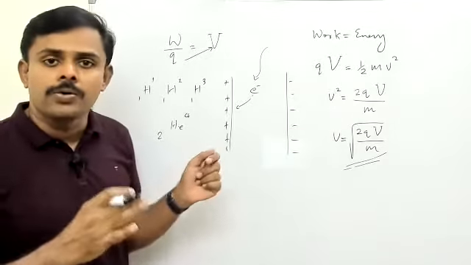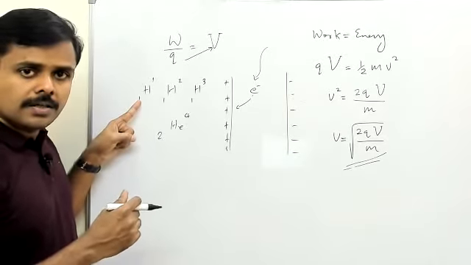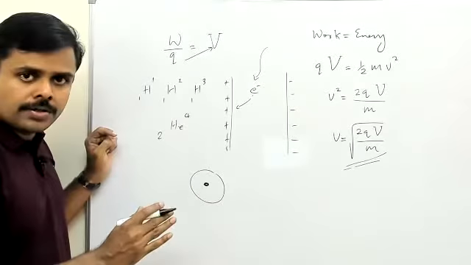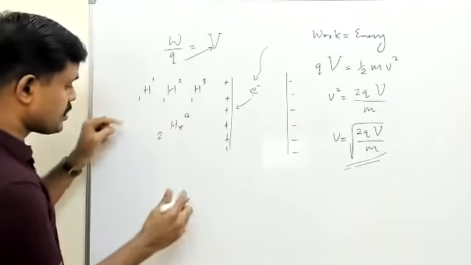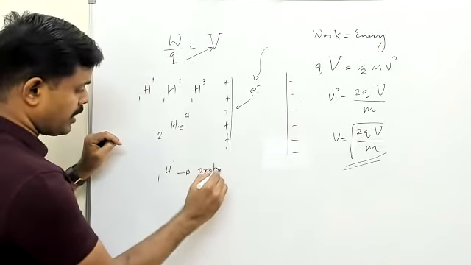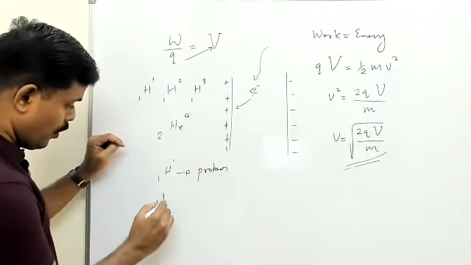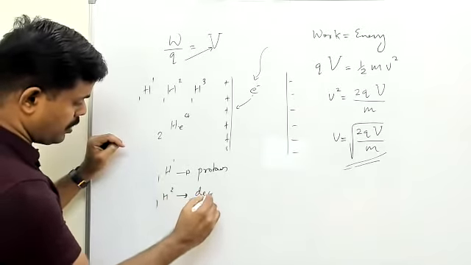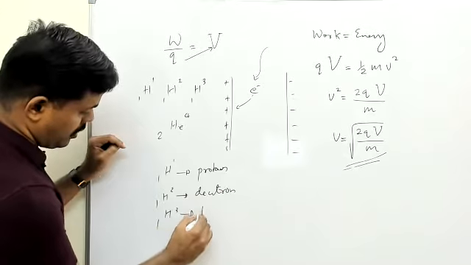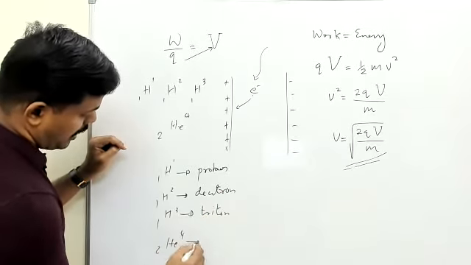If you take the nuclei of these, hydrogen atom's nucleus has only one proton, no neutron. So hydrogen's nucleus, 1H1, is called proton. 1H2's nucleus is called deuteron. And 1H3 is called a triton. And then 2He4 is called alpha particle.